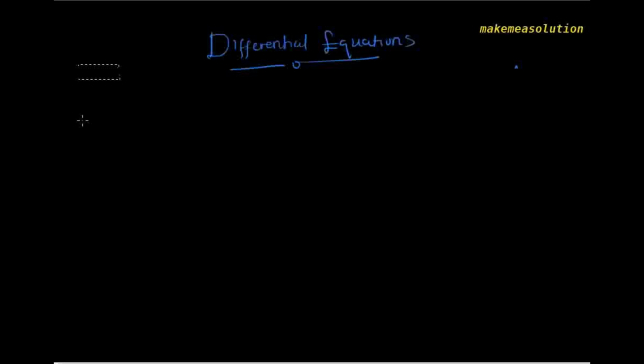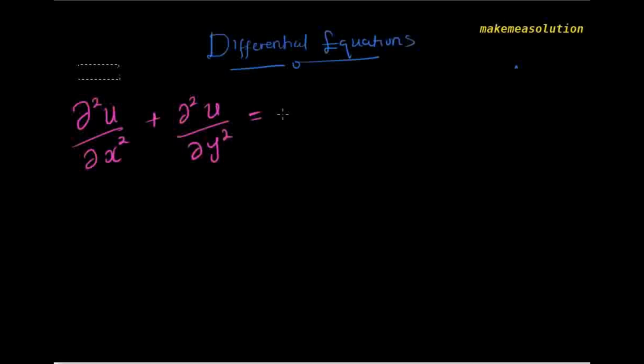Assuming I have something like this: the partial derivative of u with respect to x plus the second partial derivative of u with respect to y is equal to x squared y squared, something like this.